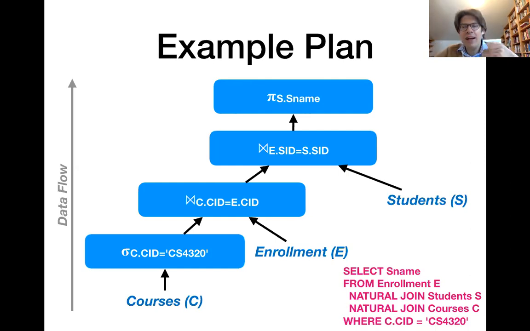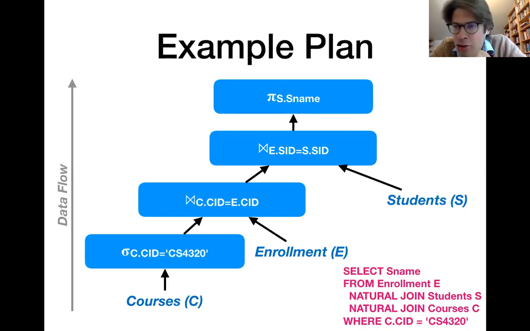And the result of this join operator will be the pairs of matching tuples. So here essentially I'm retrieving enrollment information for the CS4320 course. The next operation is also a join again. Here I'm joining enrollments with the associated students, and the input to that is the enrollment information for CS4320, as well as the information about all students.